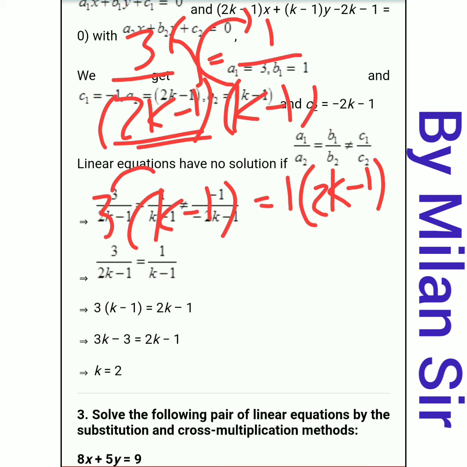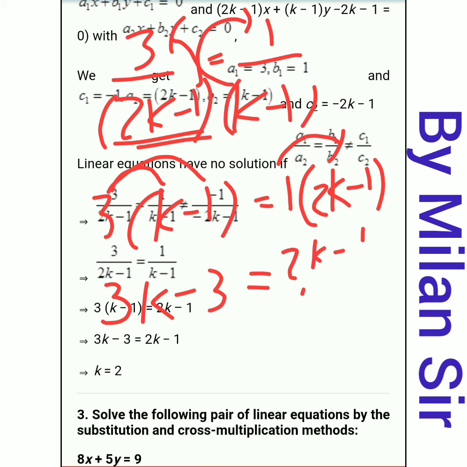Okay. Now 3 into k, it's a 3k and 3 into 1, so 3 ones are 3. Now here we need to multiply with 1, so it is as it is, 2k minus 1. Right? Because any number, if we multiply with 1, then answer is same. Now here transfer this 2k to the left hand side, transfer minus 3 to the right hand side, because one side we want k and one other side we want constant term.